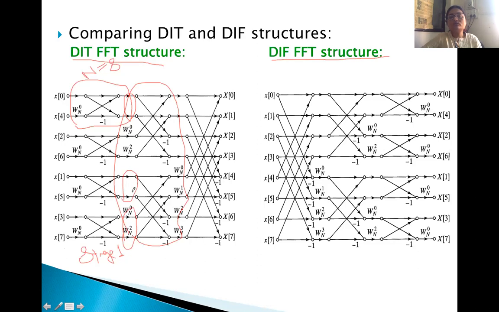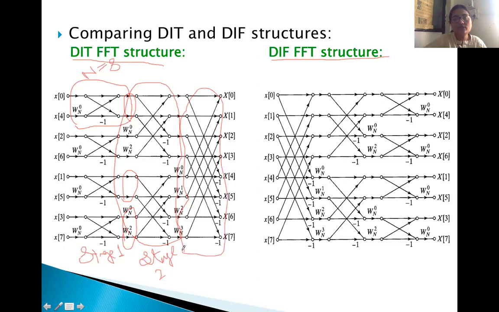For even points we don't do any multiplication, but the multiplication is applied for odd points. So this multiplication is carried out, and this is the stage 2 computation in the case of the DIT algorithm.